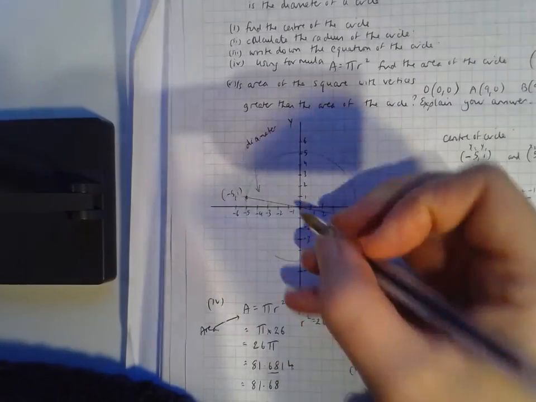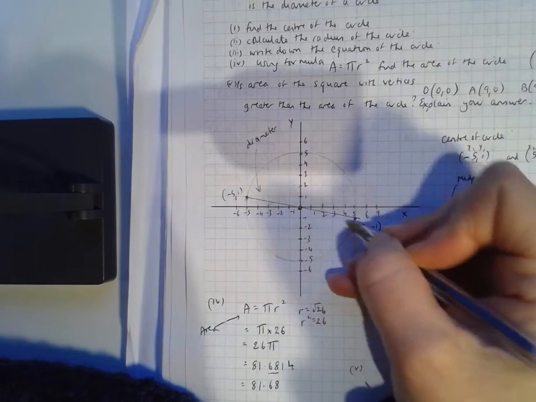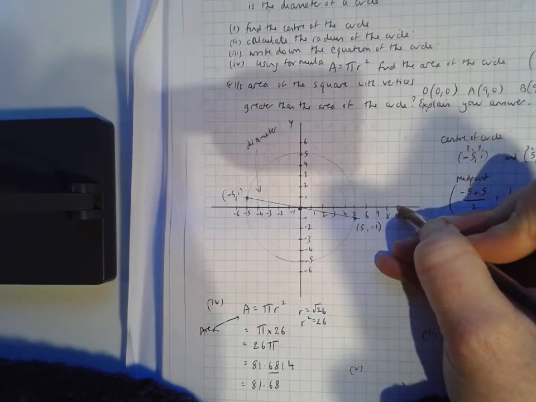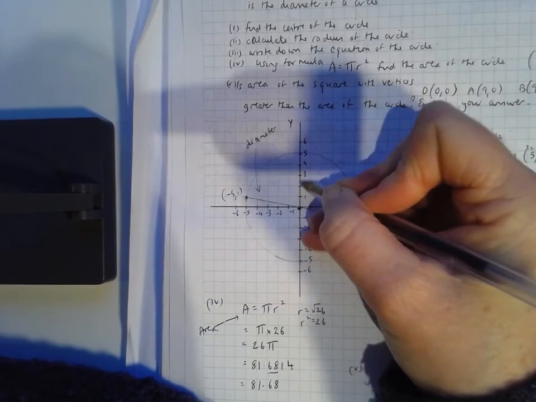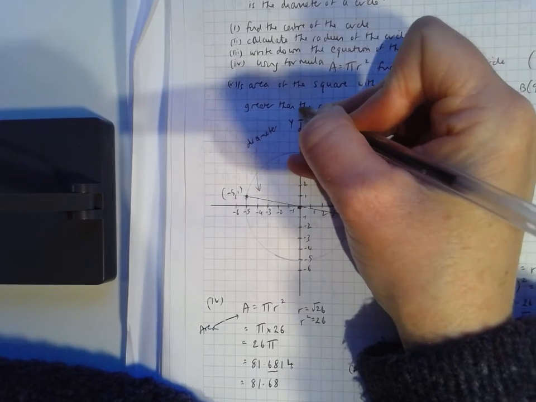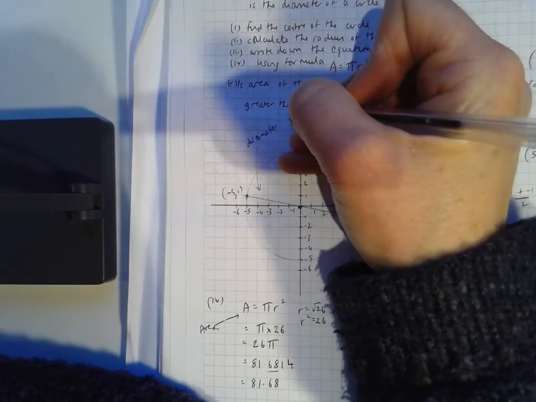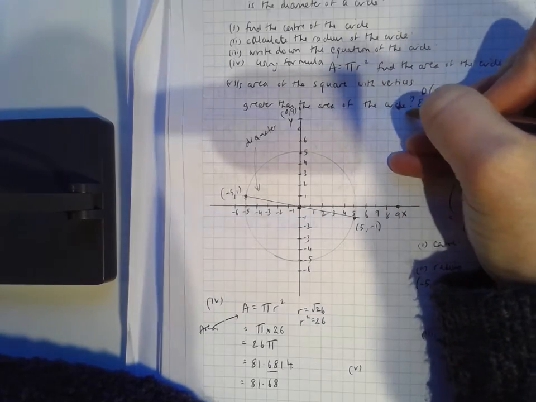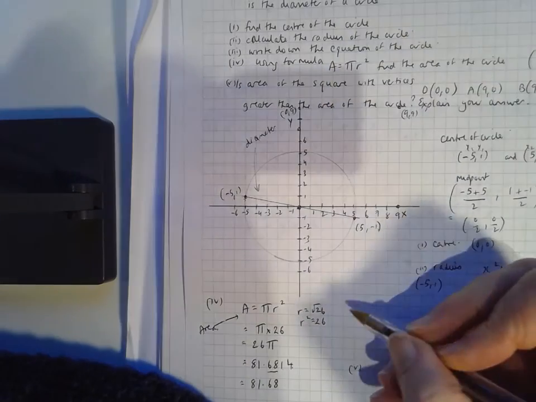So (0, 0), (9, 0), 1, 2, 3, 4, 5, 6, 7, 8, 9. It's up here, that's all right. So that's (0, 9), and (9, 9) will be up here. So here's my square.